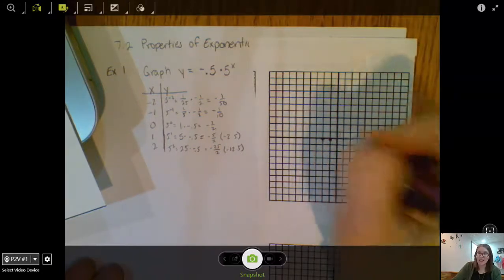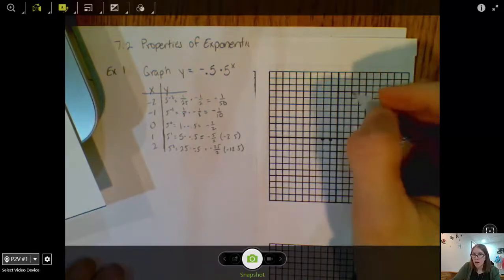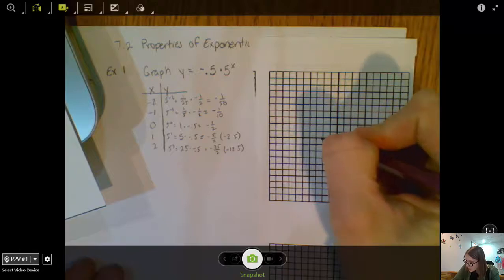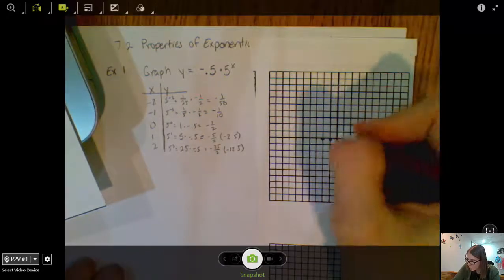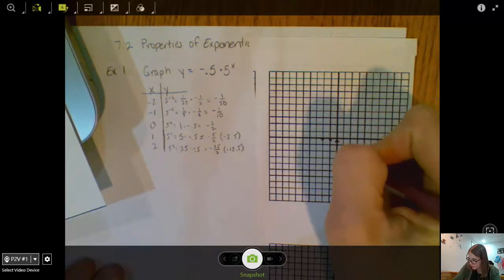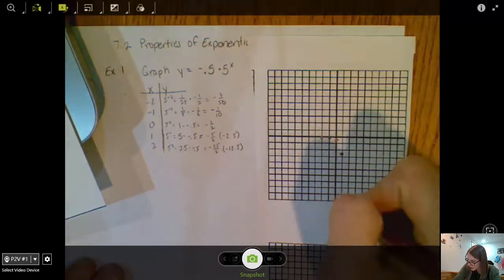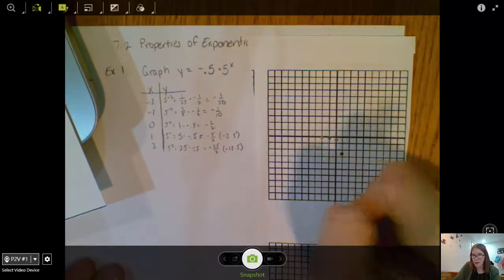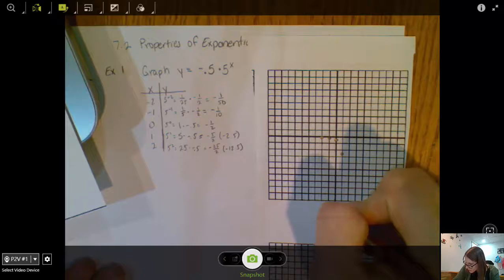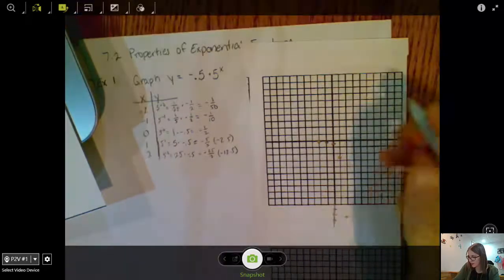So again, I'm really not going to see much of a difference here. 0, -1/2. 1, -5/2 or -2.5. And then 2, -12.5, so -10's here. Just going to extend my y-axis a little bit. This is right here.